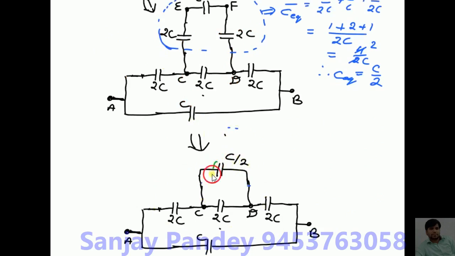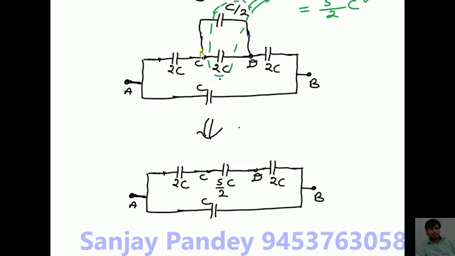Now these two capacitors are in parallel, so their resultant is C upon 2 plus 2C. It will be equal to 5 upon 2C. So the new simplified circuit diagram is this. Now these three capacitors are in series.